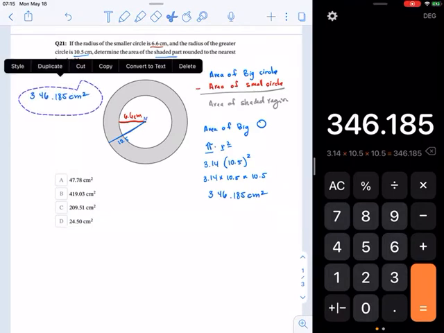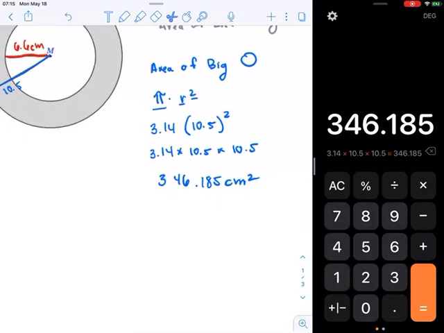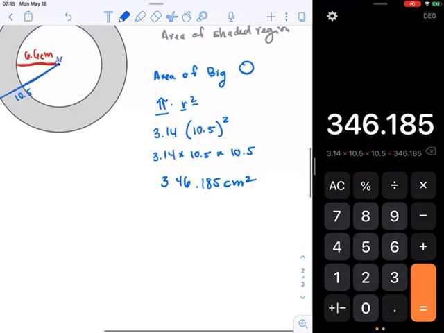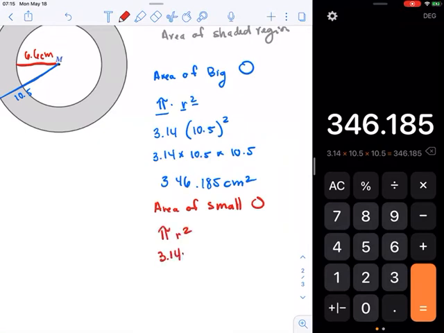I'm going to do the area for the small one in the same place. This one is area of small circle. Same formula, pi r squared, 3.14 for pi, and r squared is our radius, 6.6 squared.